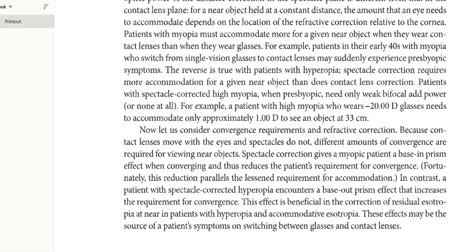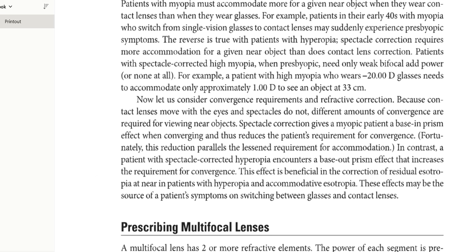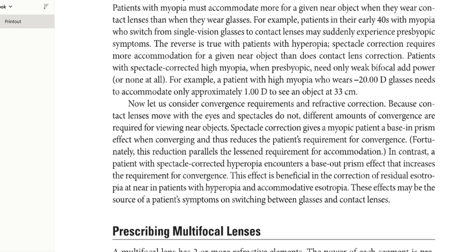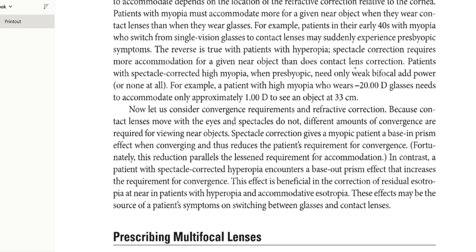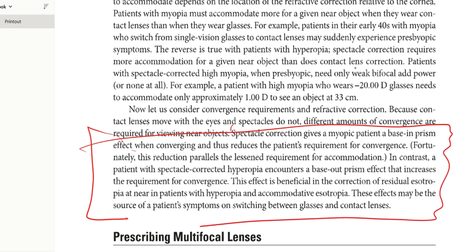Spectacle correction. In the spectacle correction, these few lines are very important. Spectacle correction of a myopic patient gives a base-in prismatic effect. Very important.